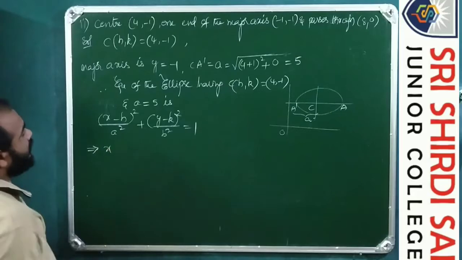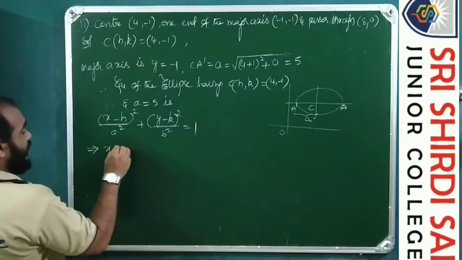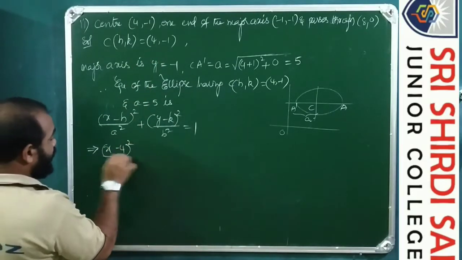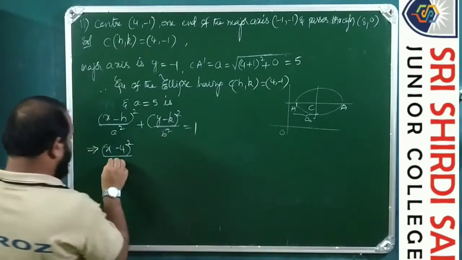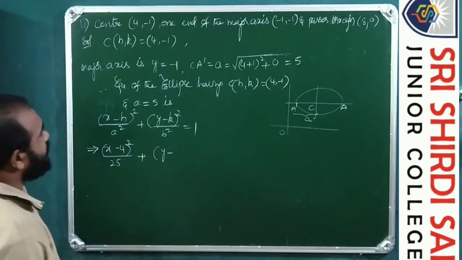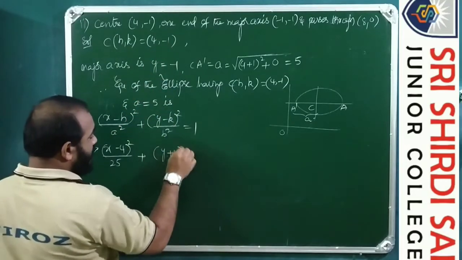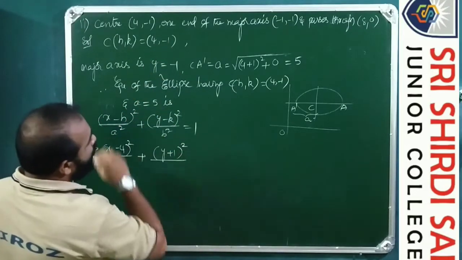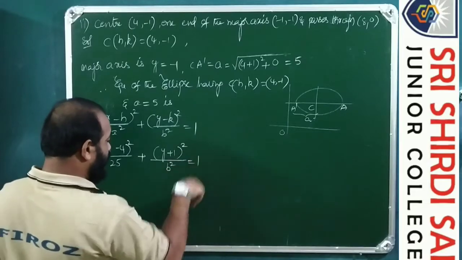So (x minus h), that is (x minus 4) whole square by a square, which is 25, plus (y minus k), that is (y plus 1) whole square by b square, which we don't know, is equal to 1.